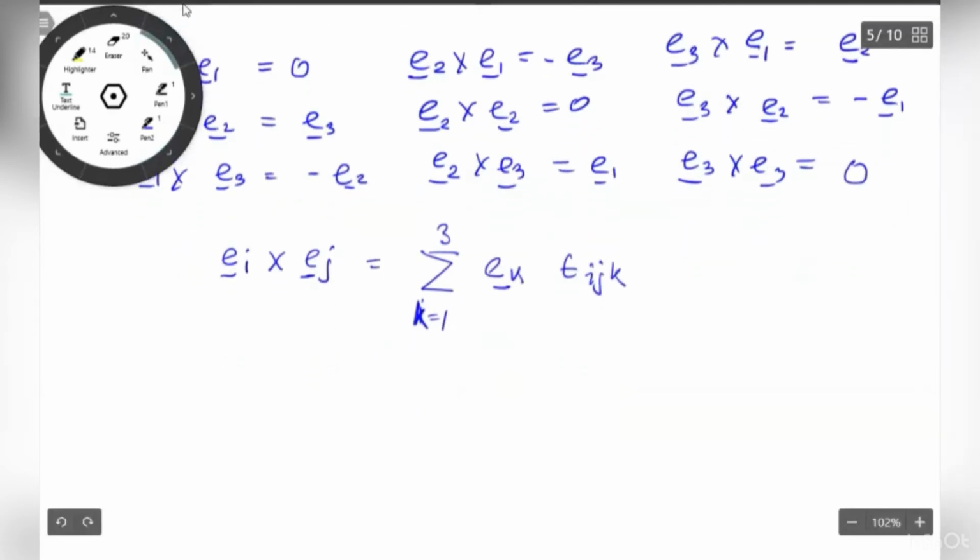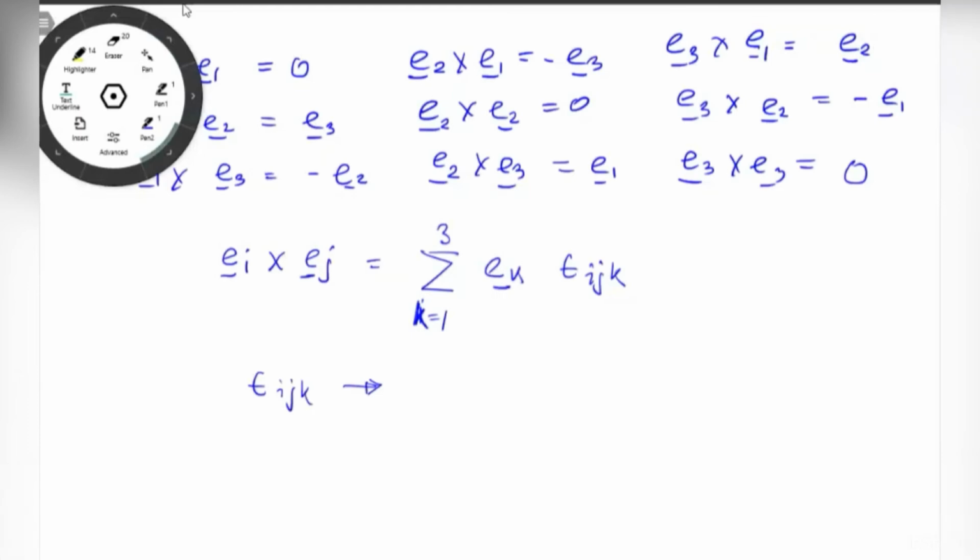Let's say i equals 1 and j equals 1. What will this be? For that, first I have to tell you what epsilon ijk is. That may not make sense to you yet. Like the Kronecker delta, epsilon ijk is a symbol used quite a lot in coding, called the permutation symbol.